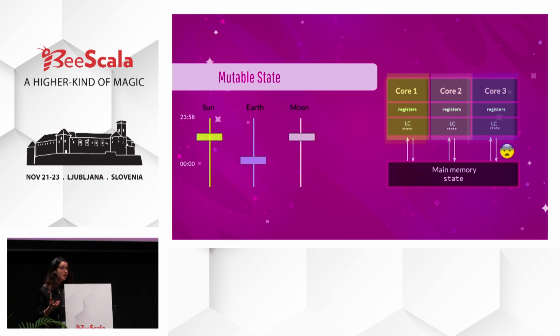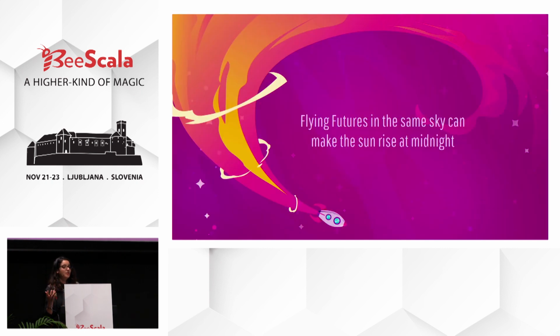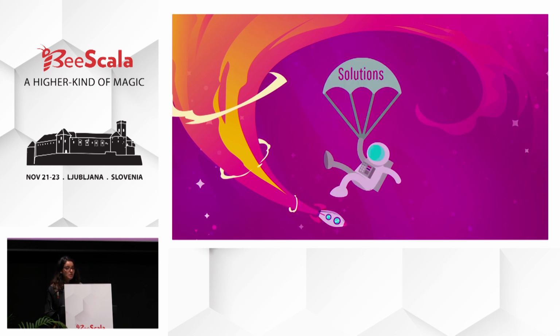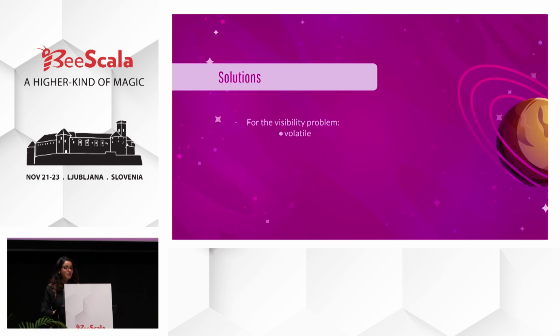So the Earth at midnight will compute its state and will fetch a wrong state, which leads to the sunrise at midnight. Let's see how we could solve this problem.